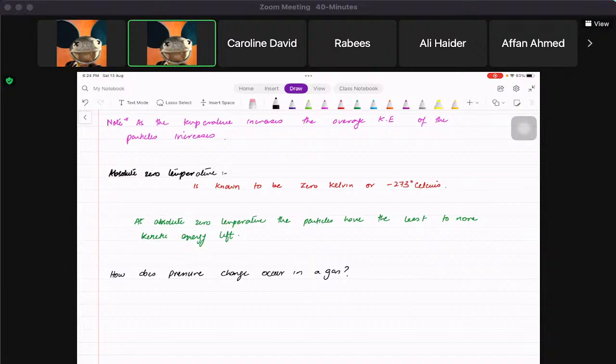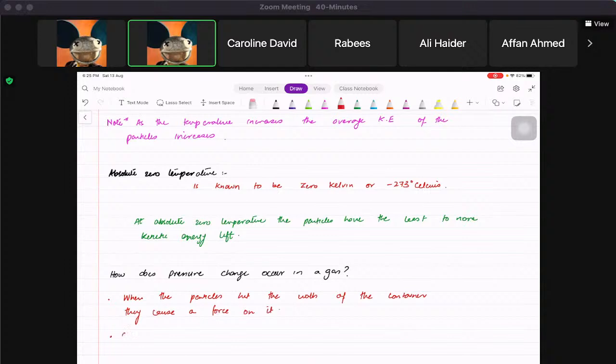Okay. Now, first of all, when the particles hit the walls of the container, they cause a force on it.